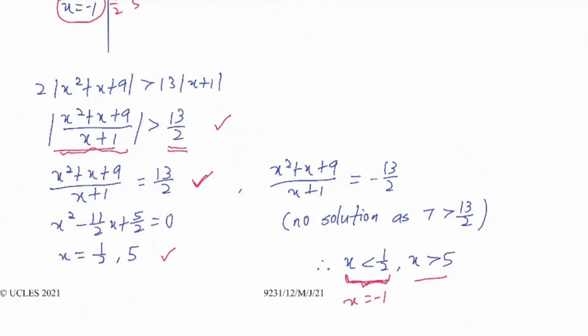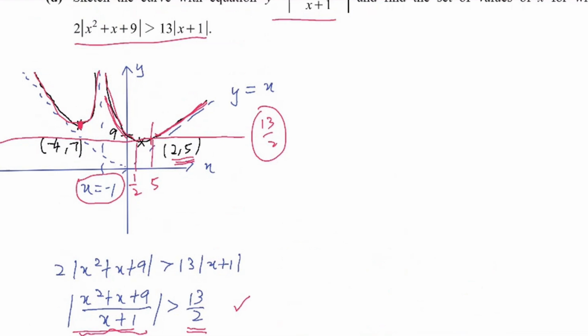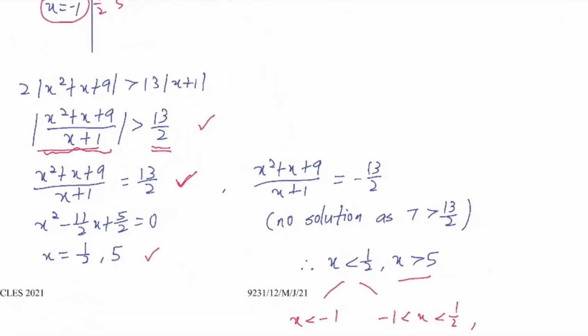In a more formal way, we should try to avoid x equals -1, so it will be better if we write it this way, so that we exclude x equals -1, because x equals -1 is the asymptote. We shouldn't have any x value there. It's better if you write it in red like this, but like I said, the mark scheme allows us to use the first one.